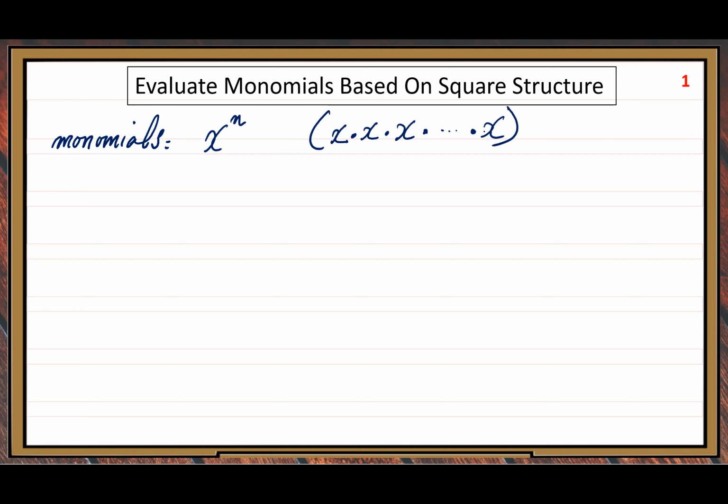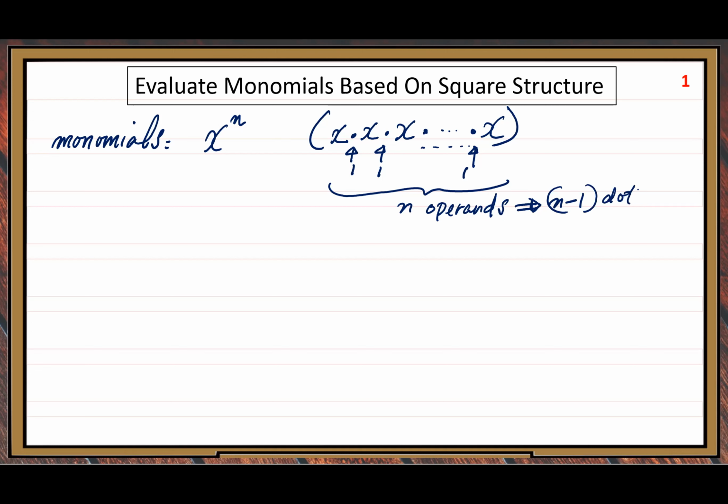If you count, each dot corresponds to one multiplication, and you have a total of n operands with n minus 1 dots in between.